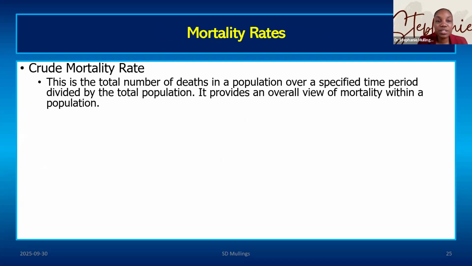Continuing to speak to mortality rates, and this really is a summary of what we have spoken about. There's a worksheet for you to actually do calculations to get more familiar with these rates and to be able to identify the denominators as opposed to the numerators, to find the limitations as it relates to the denominators and also the numerators.